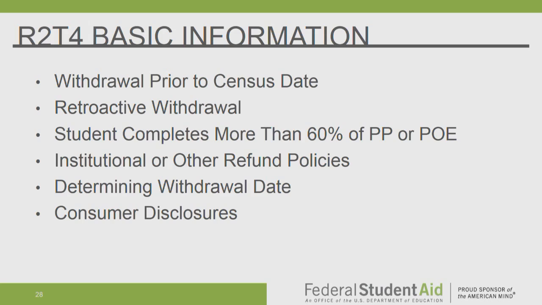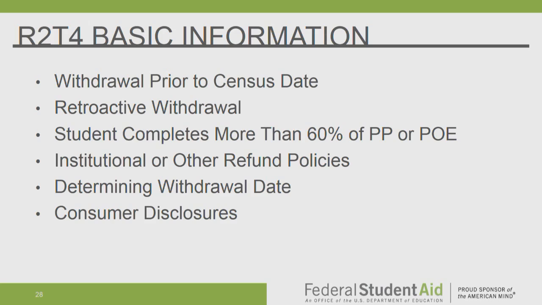If the student earned 60.00, then the student earned 60%. If the student earned 59.99, it's still 59.99. So you do not round down, which is better for the student. After 60% is 100% earned. Any institutional charge or refund policy has no impact on your Title IV calculation.